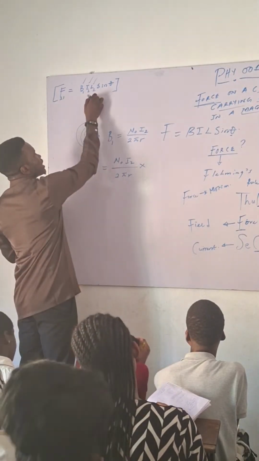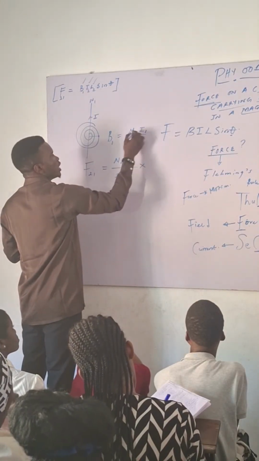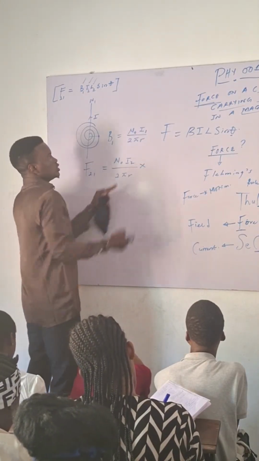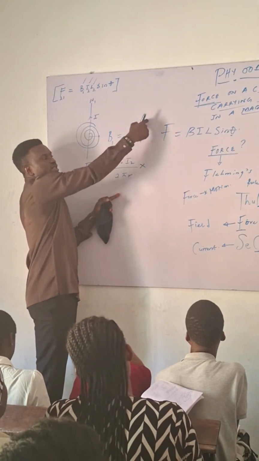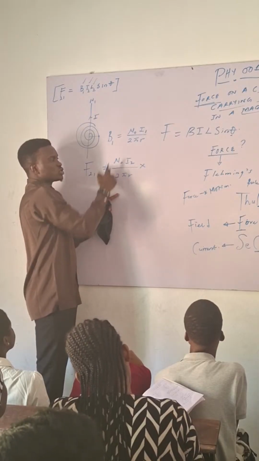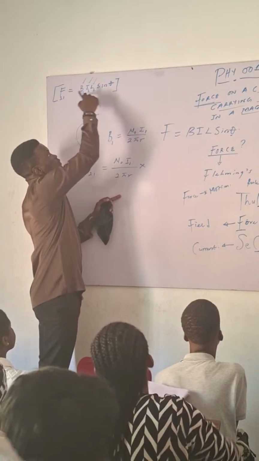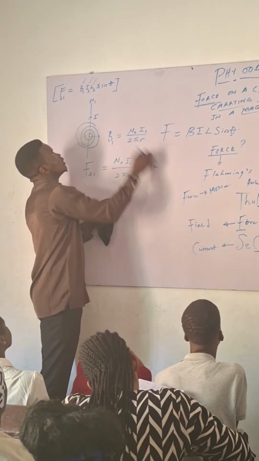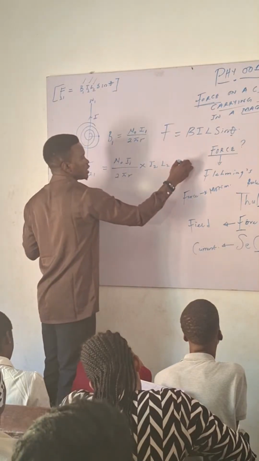You know, it is wire 1 that created the field. So B1 is equal to mu naught I1 over 2 pi r, which is what you have here. Do we get that? So multiply by I2, multiply by L2, then multiply by sin theta.